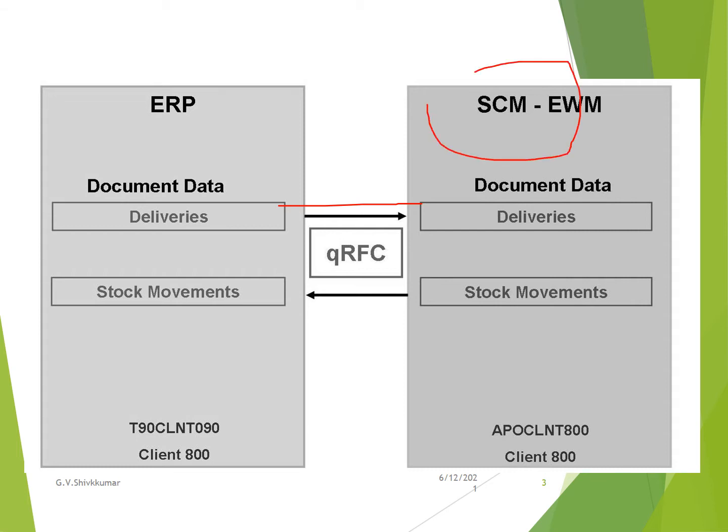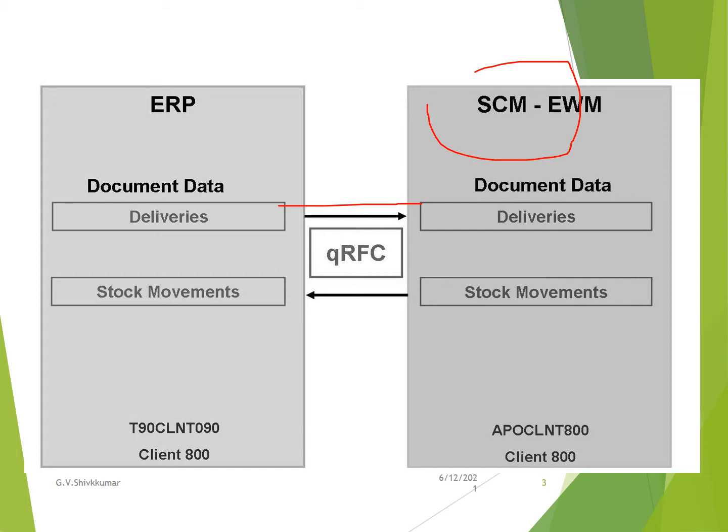Let us take an example: the system source name will be T90 client 090, and for EWM they mentioned APO client 800.